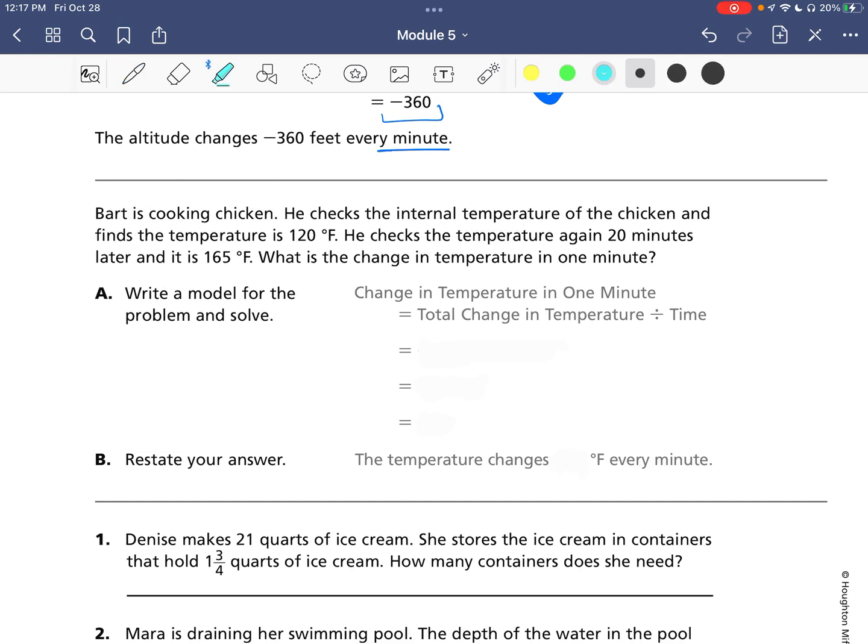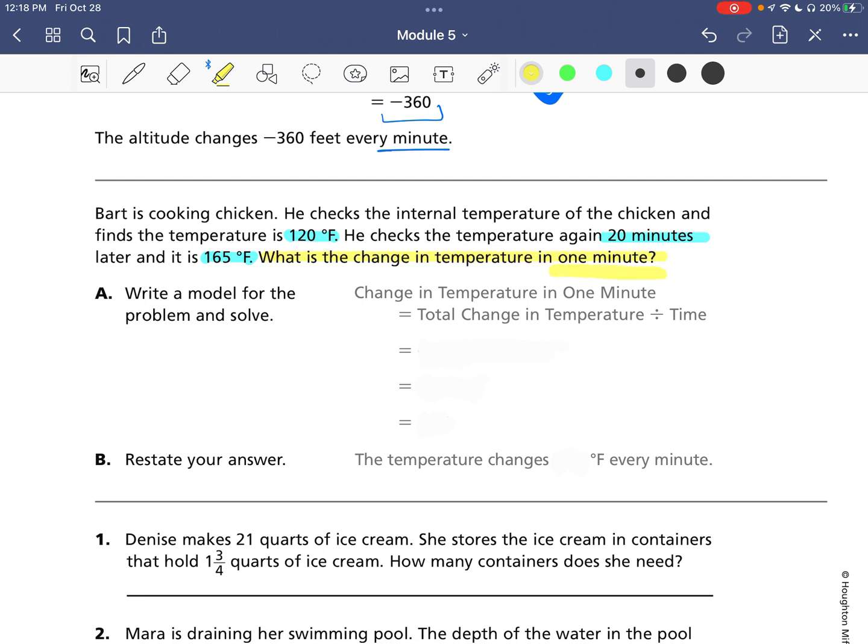So our important things here: initially it was at 120 degrees Fahrenheit. He checked it 20 minutes later, and that new temperature was 165. And then our question here is, what is the change in temperature in 1 minute?